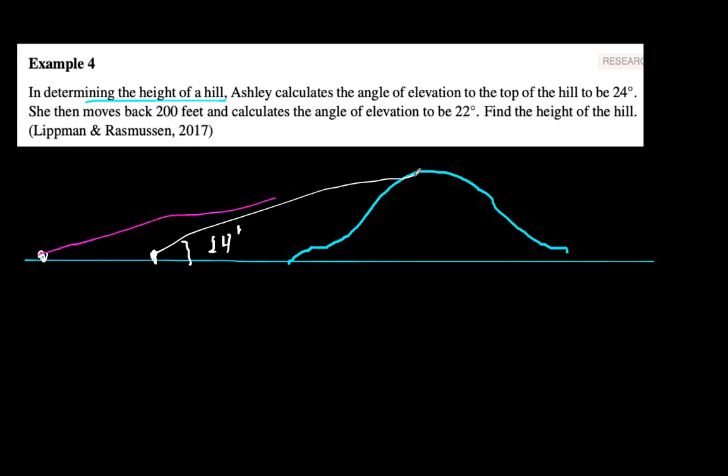Malamang, pag lumayo ka, class, yung angle mo ay magiging maliit. Diba? Diba sabi natin, ganun yun. That's part of the triangle property. Okay? So, 22 degrees. Ayan.